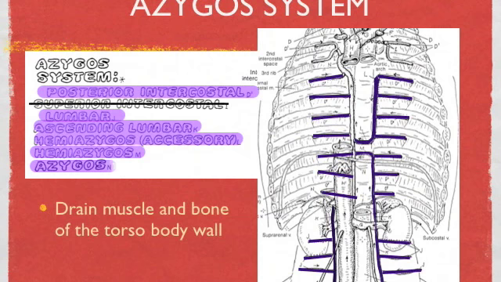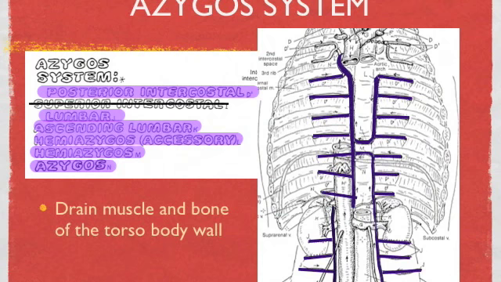All 3 of these is now draining into the azygos, and you can see that then go up and enter into the superior vena cava. So all of this blood from the body wall, the abdominal muscles, the intercostal muscles, the ribs, the vertebra, all of these structures are draining their venous blood through this system.